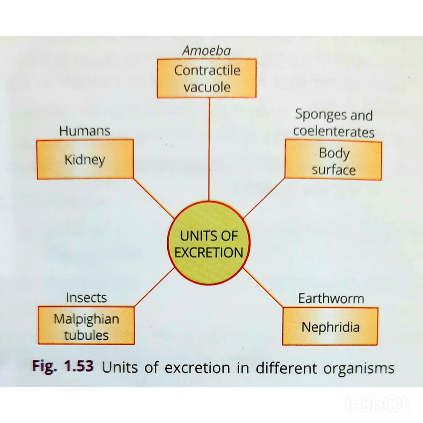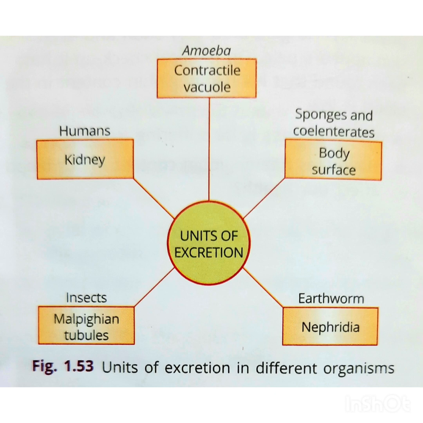For example, in amoeba, which is unicellular, excretion is done by contractile vacuoles, whereas in sponges and coelenterates excretion is done by the body surface, whereas earthworms have a unit called nephridia. In insects they have Malpighian tubules, and finally in the human body we have the kidneys, right?